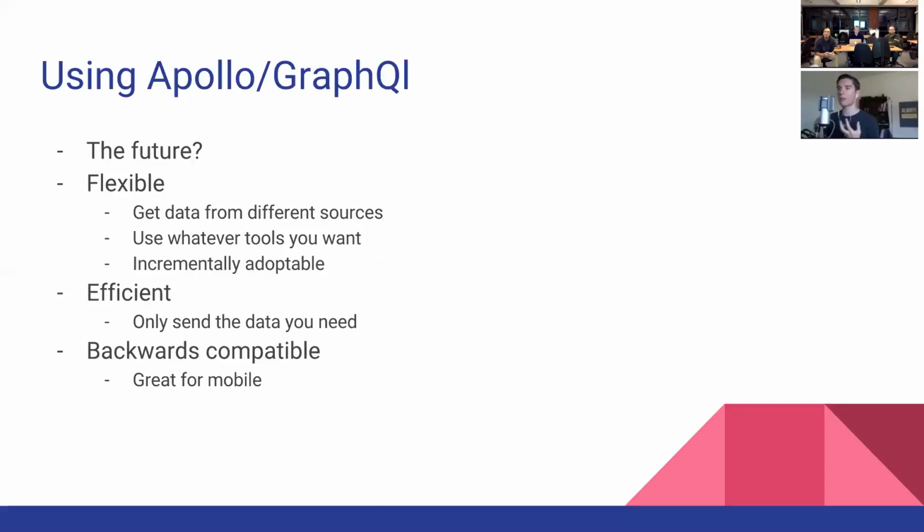So I'll give you guys a little bit of background on GraphQL if you're not familiar. Basically, it's a single endpoint that you're always going to request data from. And from the client, you're actually going to specify what data you want. So say, from a post, I only want the title of it and the author's first name.